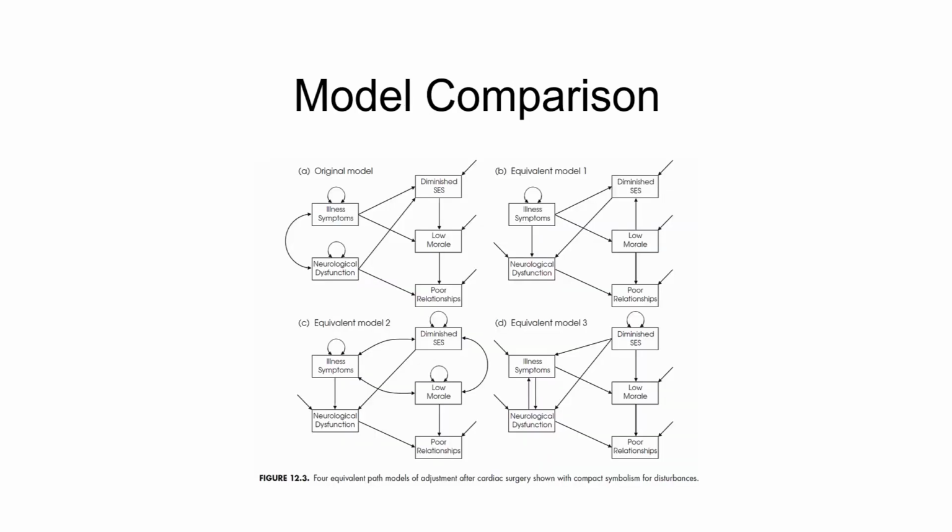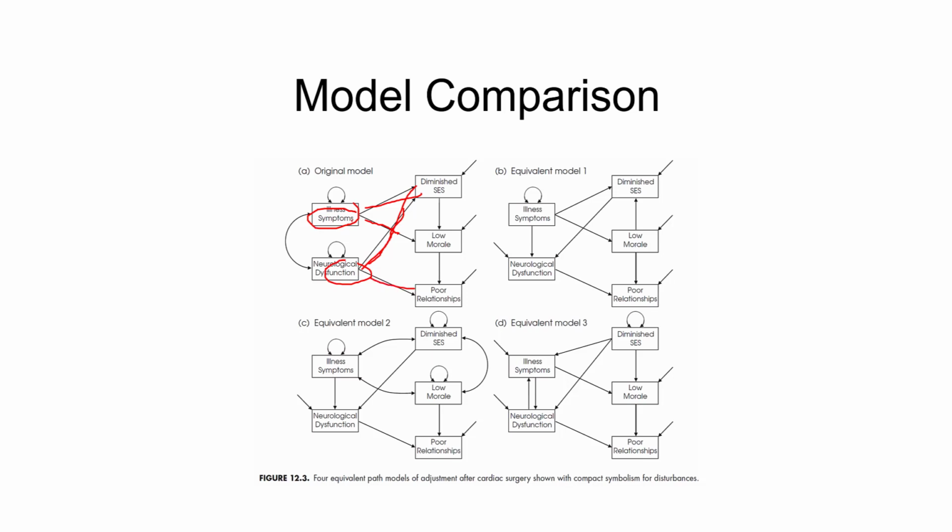All right, here's a summary of, let's say we're looking at these variables. These are all measured variables. We don't have any latent variables. In this original model that the person hypothesized, you've got two variables, illness symptoms and neurological dysfunction, predicting all of the other variables.